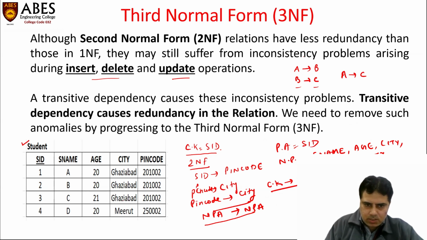So there are update anomalies left, as lots of updating is required in the city. We need to remove such anomaly by progressing to the third normal form.